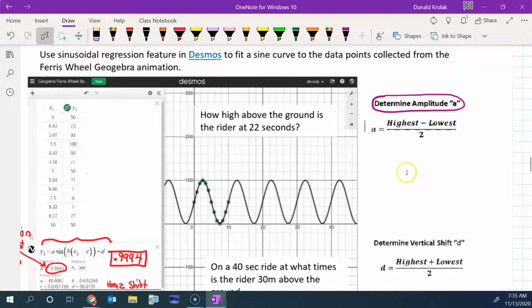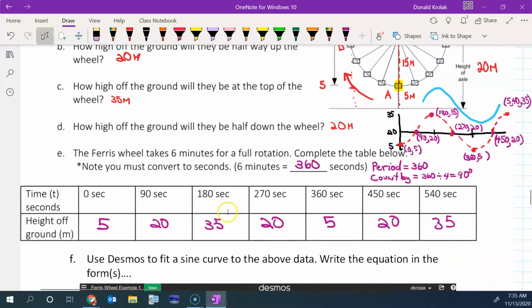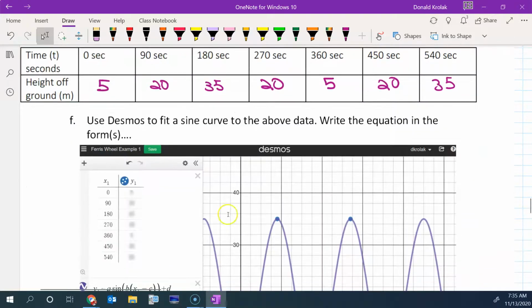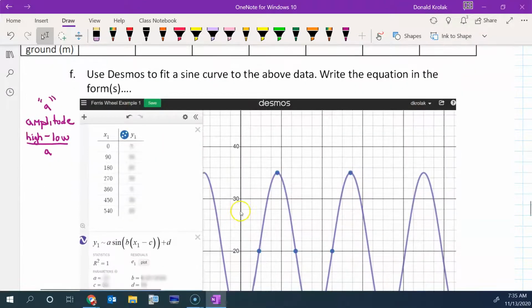Using that formula and that data right here, what would our amplitude equal? And then calculate what the vertical shift would be.